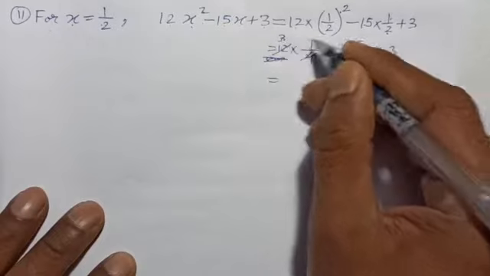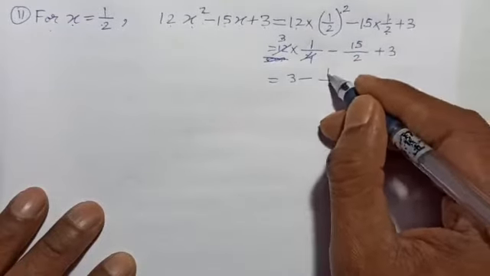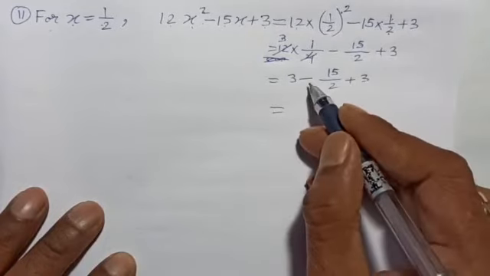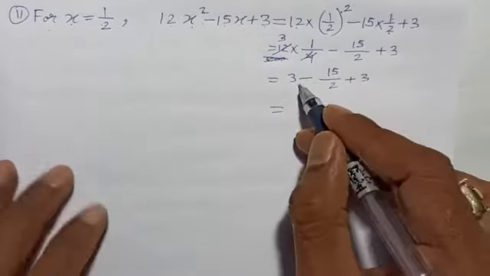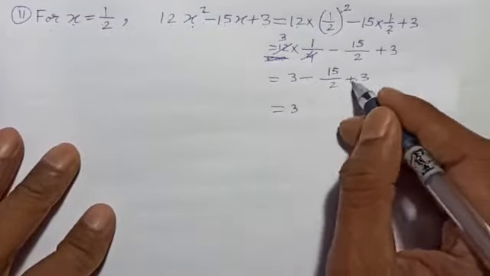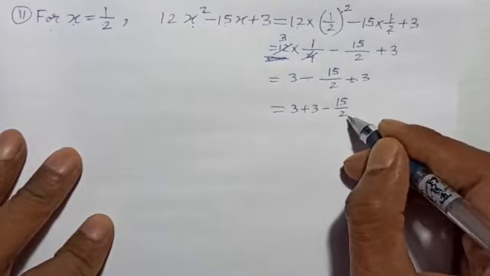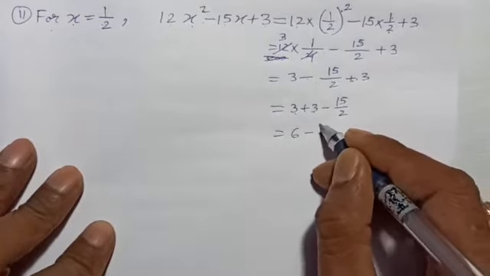So 3 into 1 is 3, minus 15 by 2 plus 3. Here is minus, here is plus. Minus and plus, we have to do plus first. So 3 plus 3 first, 3 plus 3 is 6, minus 15 by 2.